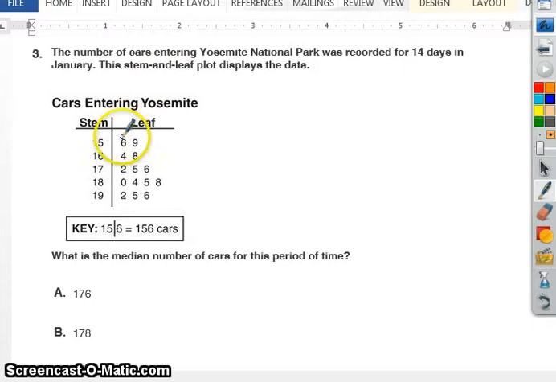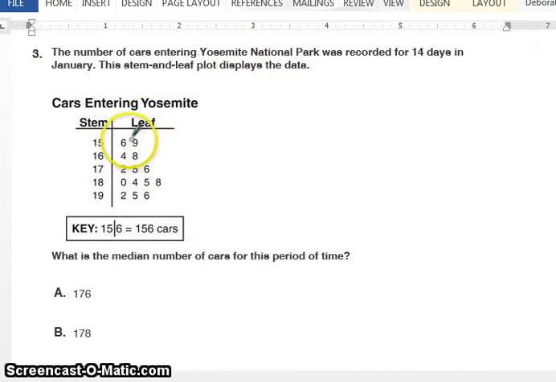So I'm going to count how many numbers I've got here. 1, 2, 3, 4, 5, 6, 7, 8, 9, 10, 11, 12, 13, 14. I got 14. Median's going to be in the middle. So 1, 2, 3, 4, 5, 6, 7.